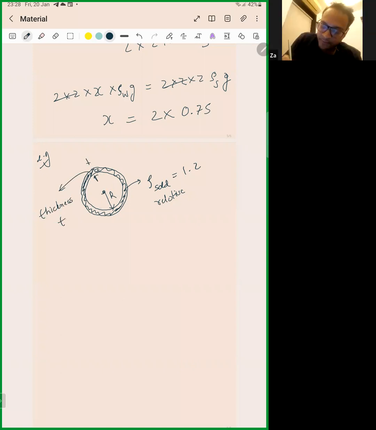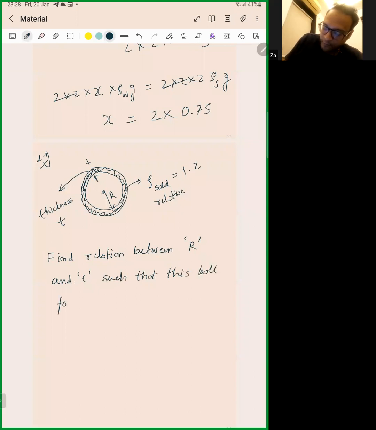Find the relation between r and t such that this ball floats in water with half part submerged.